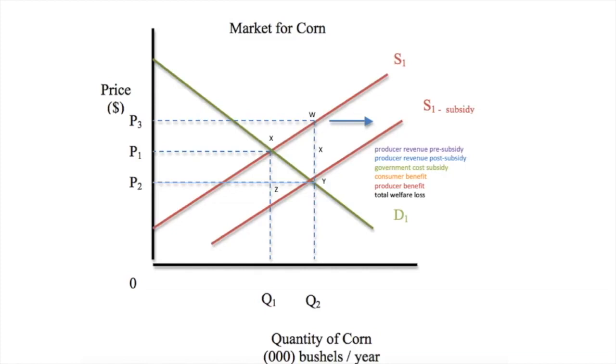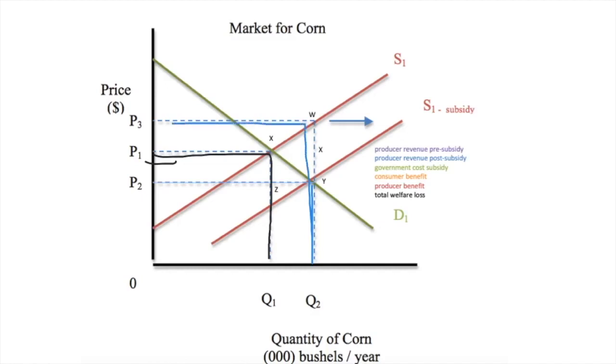Then it shifted outward to where, you know what, I should do that in a different color. The pre-subsidy producer revenue was P1, Q1. The post-subsidy producer revenue, remember, it starts out here at Q2 and goes up to where?